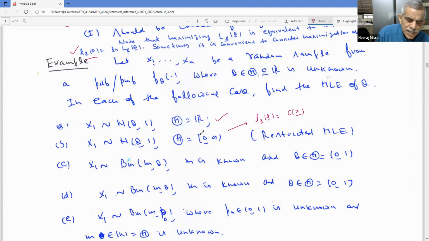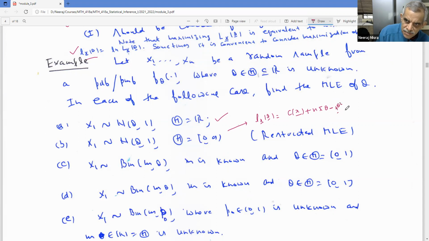Then e to the power minus twice theta summation xi, which is n x bar theta, and then e to the power minus n theta square by 2.